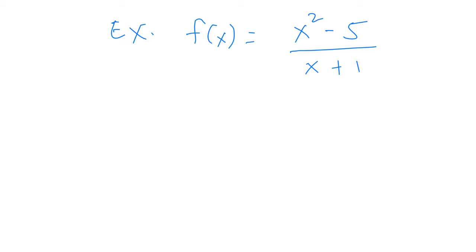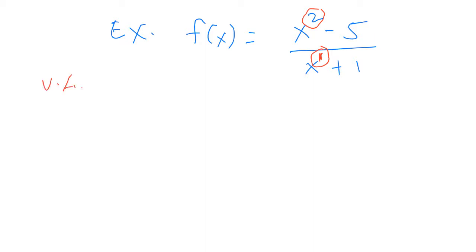So the top here, the numerator, is a power of 2, and here you have a power of 1. No power is understood as a power of 1. So you have a 1 there. So the top is exactly 1 degree higher than the bottom at this point. So we have a slanted asymptote here. Okay, so first let's find the vertical asymptote.